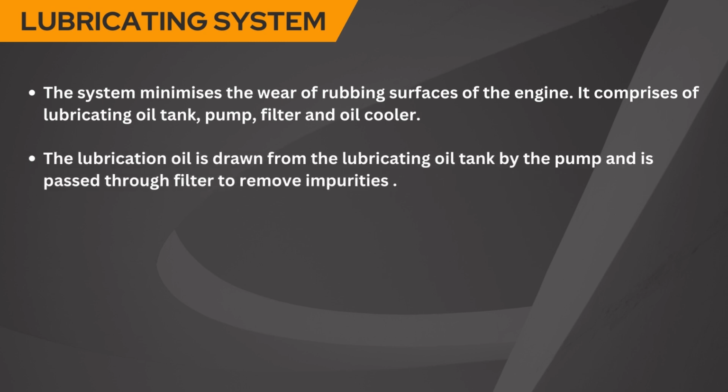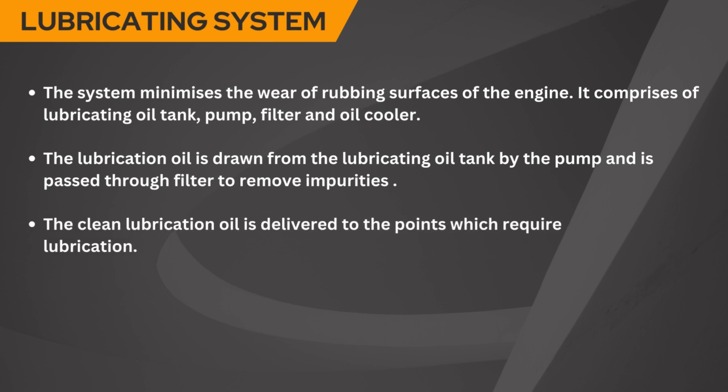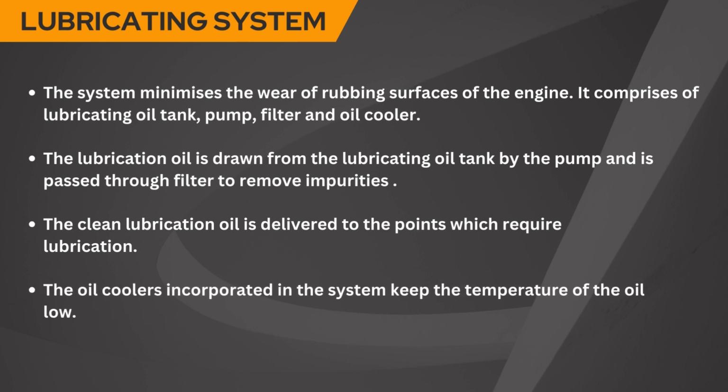Generally, the lubrication oil is drawn from the lubricating oil tank by the pump and then it is passed through filter to remove the impurities. Clean lubrication oil is delivered to the points whichever require lubrication. Points means to the parts or to the joints.